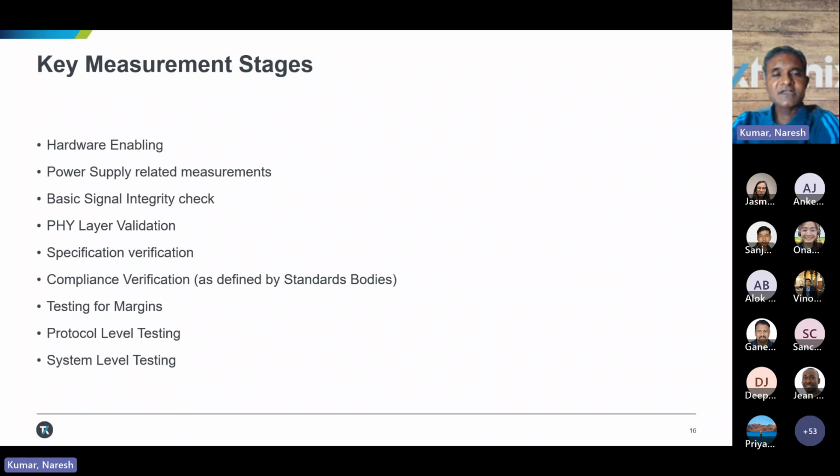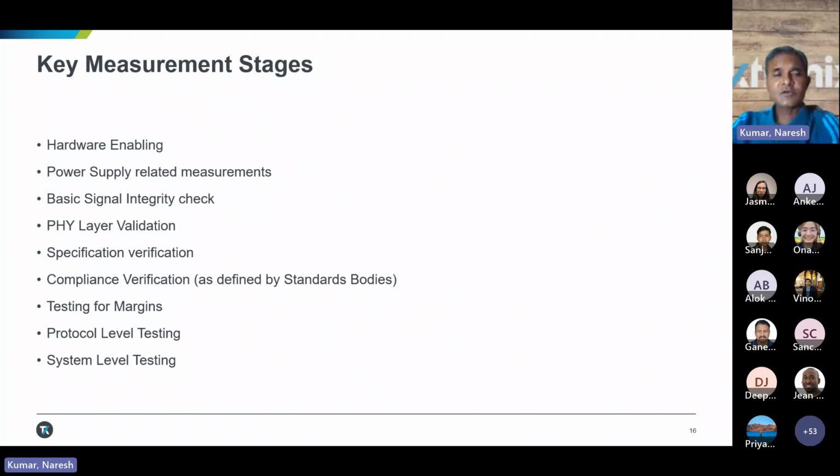Right. In addition, these days, people also want to make sure that they not just meet the specifications or compliance, but also check what margin they have on their design. So that if, for example, the eye height is defined in the standard as, let's say, 6 millivolts or 6.5 millivolts, you'd like it to be 8 or 10 so that you provide the margin to your end user, right? So even we have to facilitate those kinds of testing.